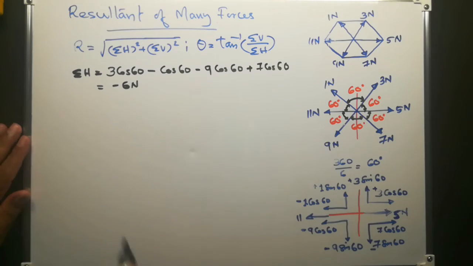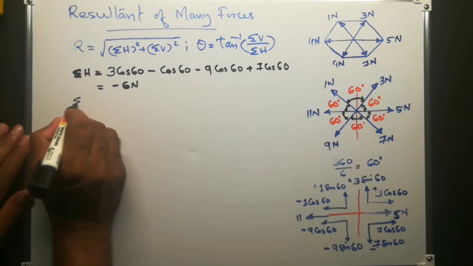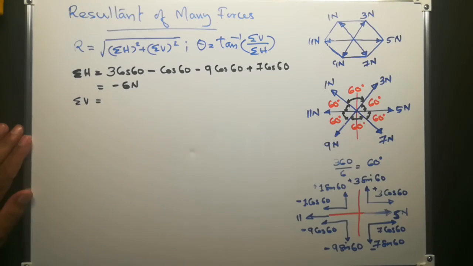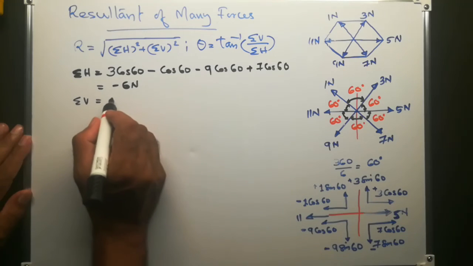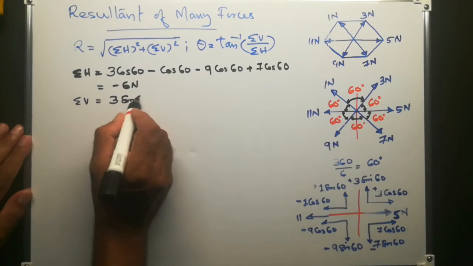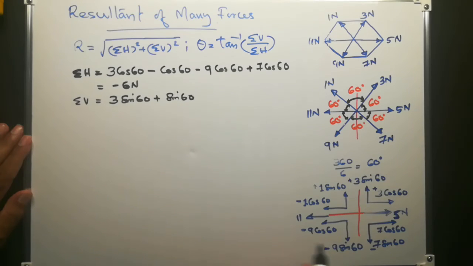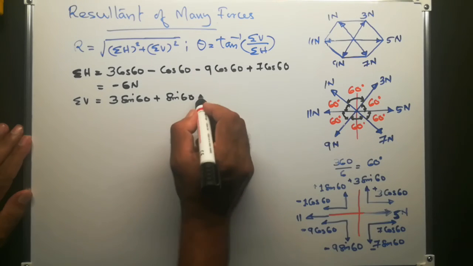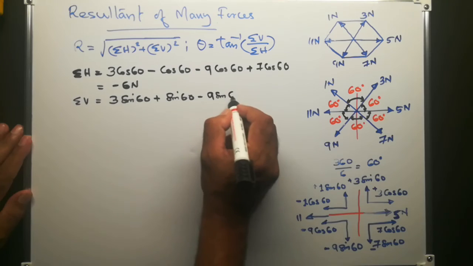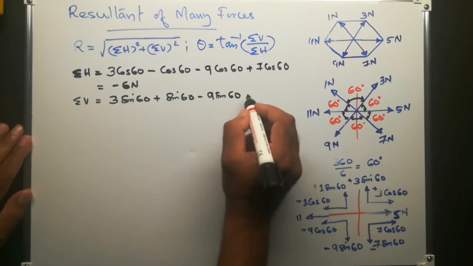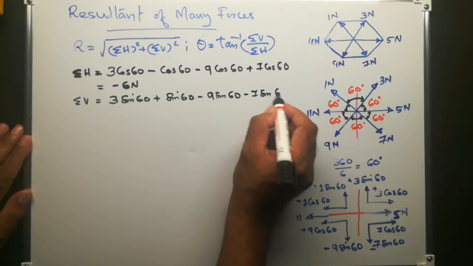Then for the algebraic sum of all the vertical components, sigma V equals plus 3 sin 60 plus 1 sin 60 minus 9 sin 60 and minus 7 sin 60.